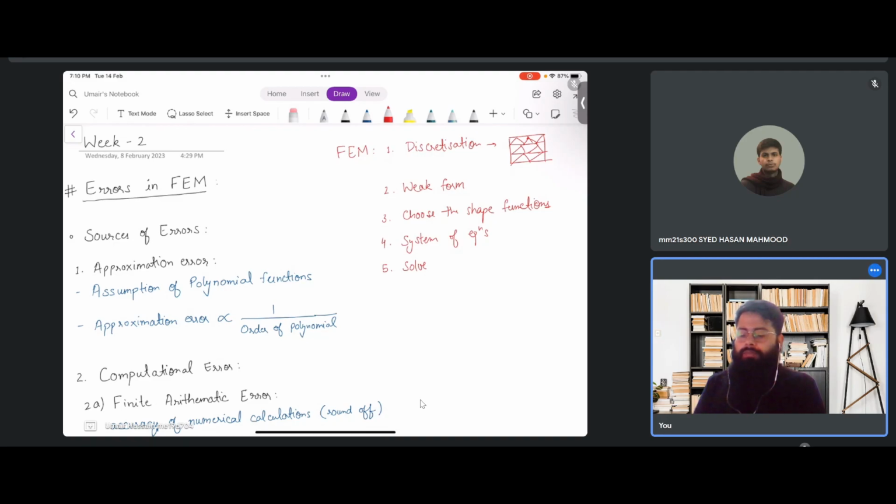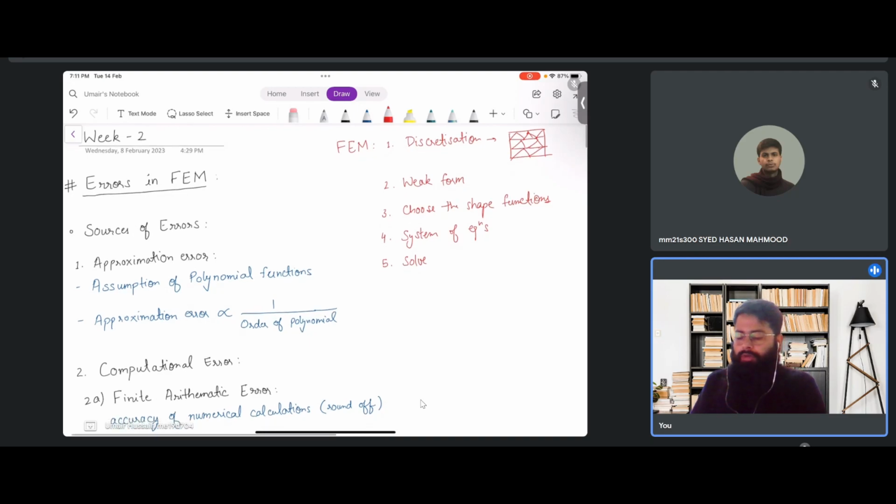It is bound to have some inaccuracy in the results as compared to the actual or analytical solution of a problem. Hence it is important to estimate the errors that arise from our problem, and after estimation we proceed to remove those errors. First of all, we should know what type of error we can get in FEM.